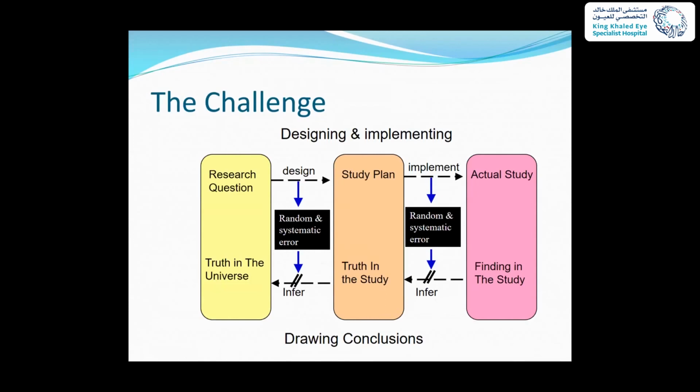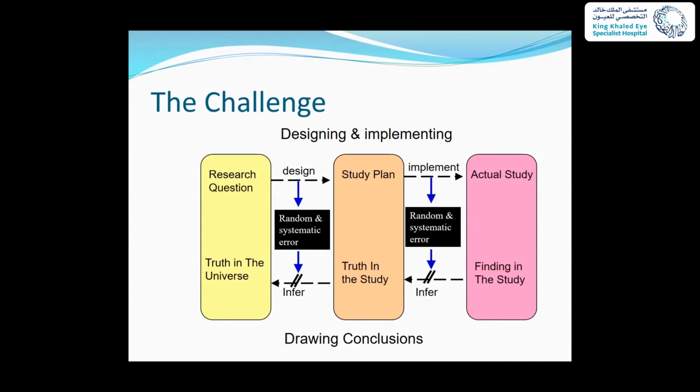Another issue is how to implement strictly the study proposal in all items, because if not, my internal validity itself, that means the validity of the findings of my study, is shaking.